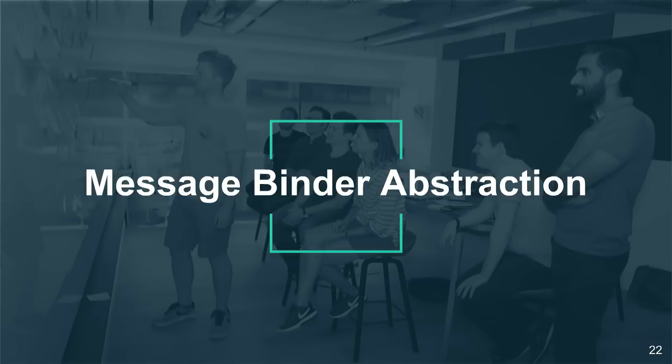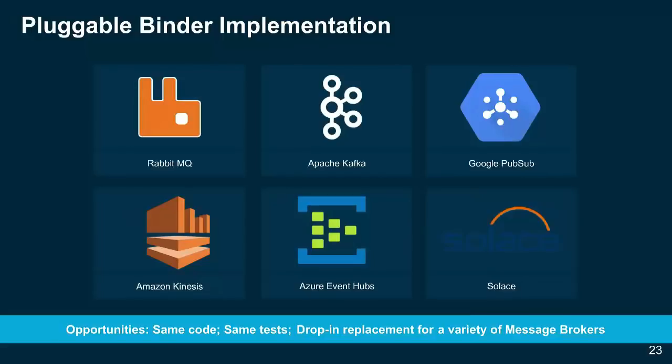The first one I want to talk about is, Mark alluded to Spring Cloud Stream. There's a pluggable aspect to the framework. So we have a binder abstraction, and building upon that abstraction, we have implementations for a variety of message brokers. So RabbitMQ, Kafka, Google PubSub, Azure Event Hubs, or Kinesis, or even Solace, right?